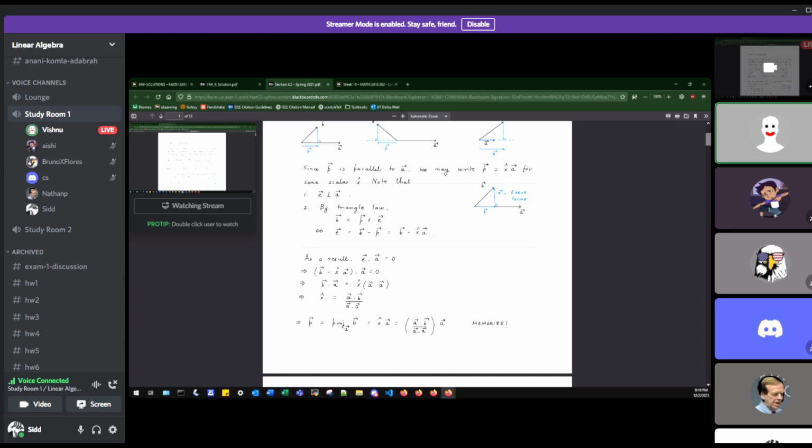And that helps me memorize the fact that A is in the denominator.